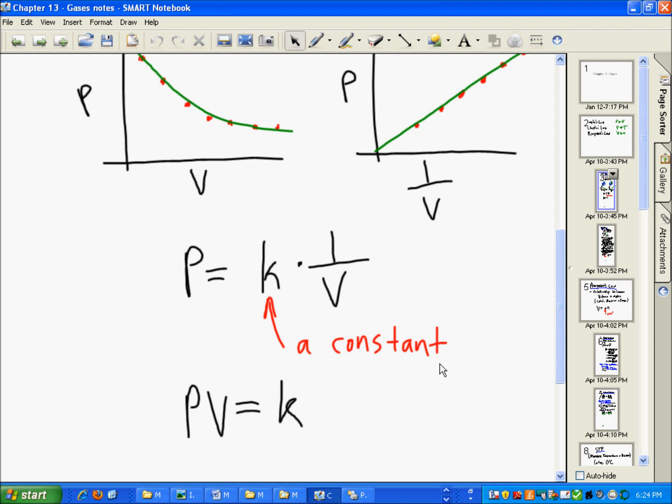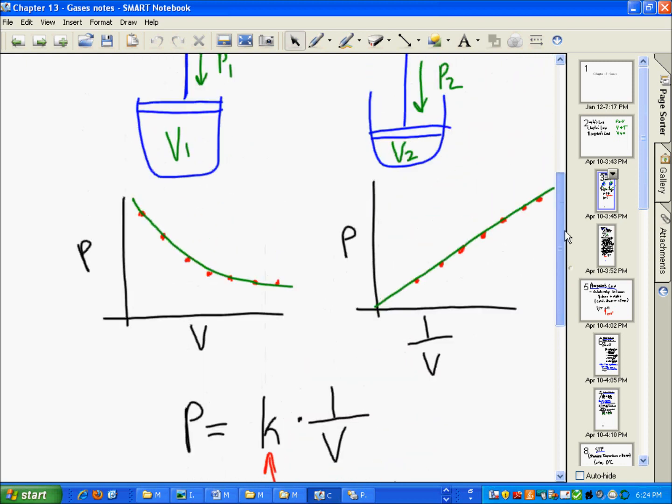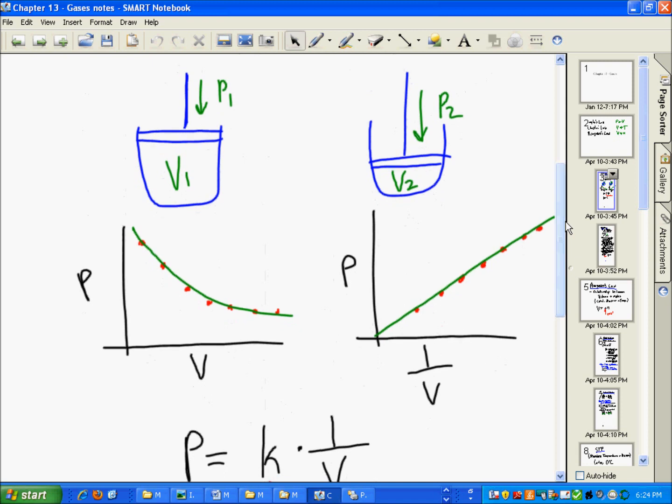That it's constant for a given set of conditions. And you can express that as PV equals K. You don't have to worry about the details of this. Just the main thing I want you to know is that Boyle's law is the relationship between pressure and volume, and as volume goes up, pressure goes down. It's an opposite relationship.